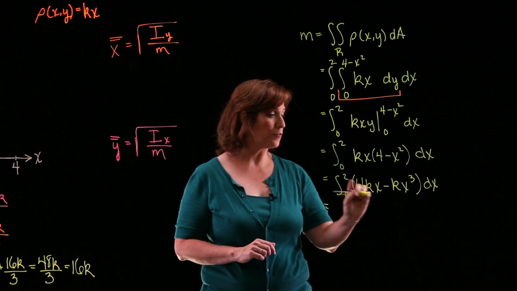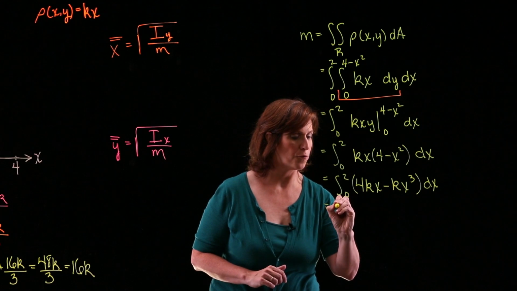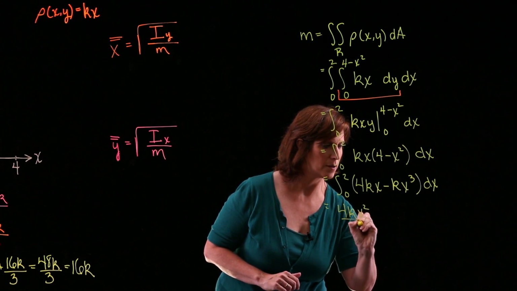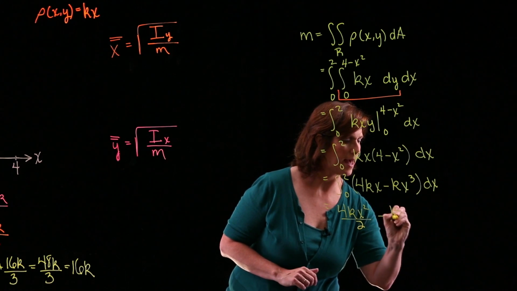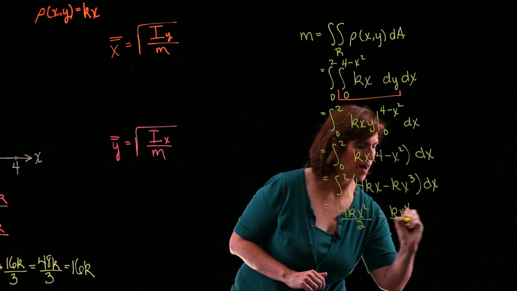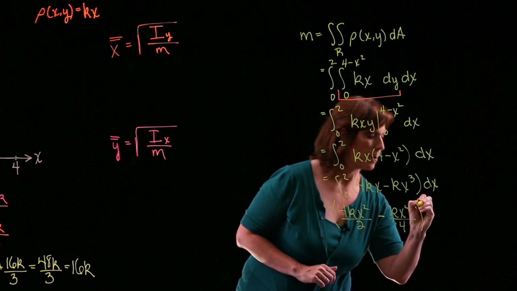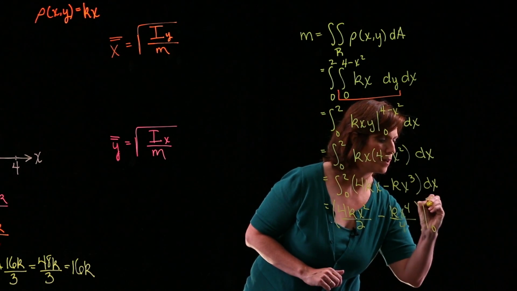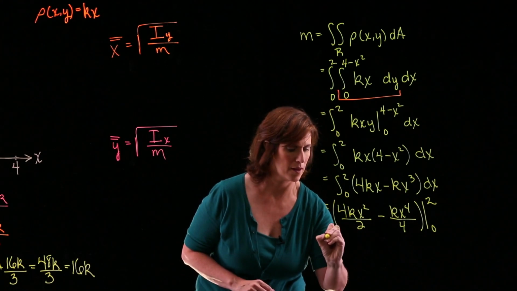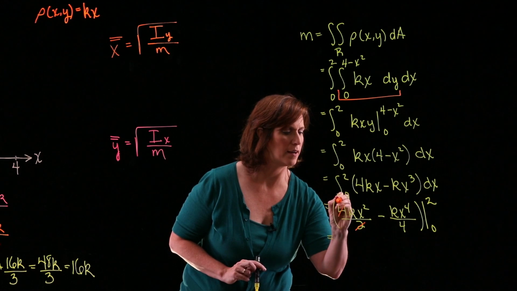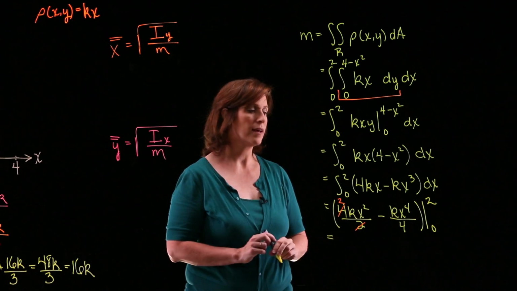So that's going to give me, for my integral, 4k x squared divided by 2 minus kx to the fourth divided by 4. And that's all evaluated from 0 to 2. I notice that I can do a little simplifying here because 2 goes into 4 twice.